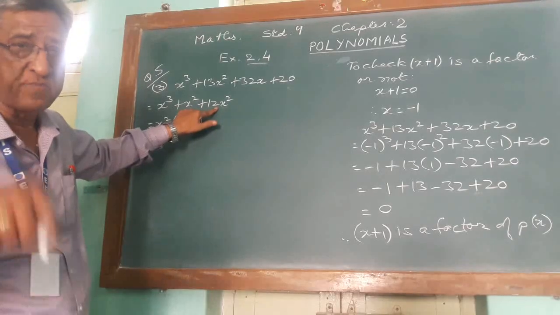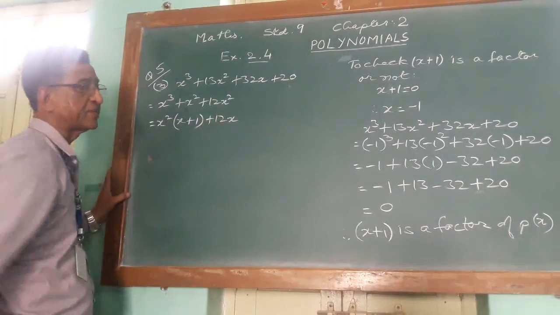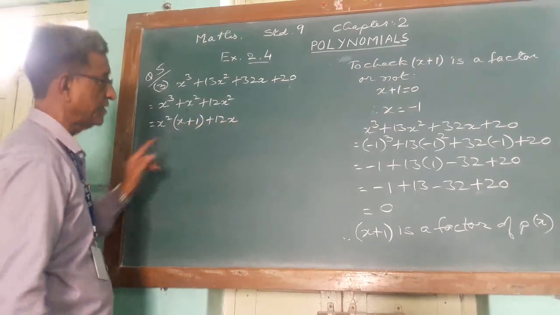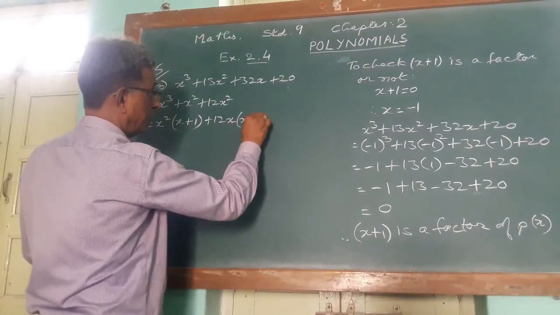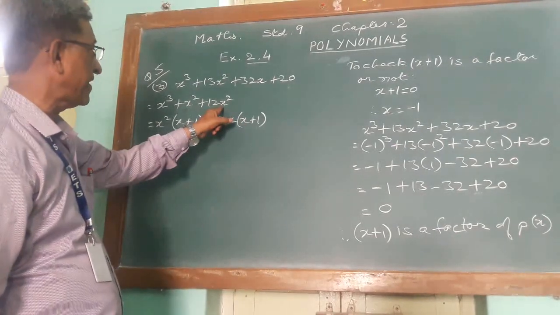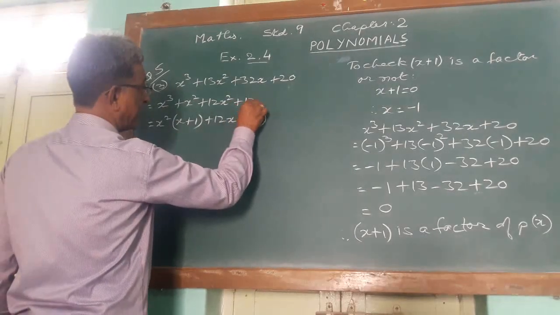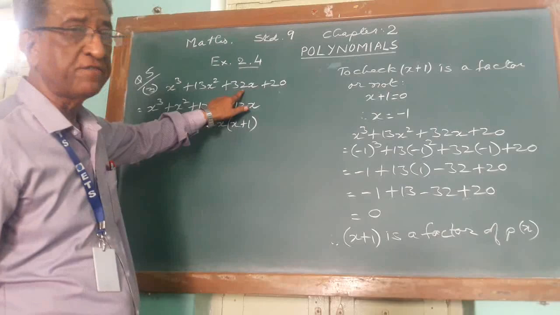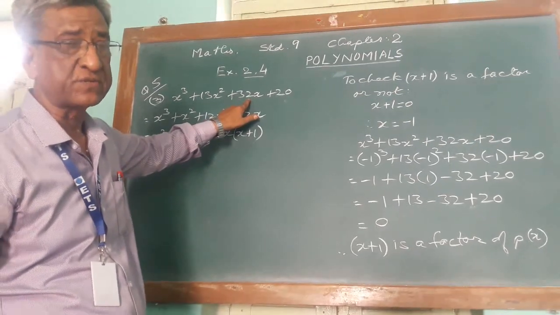Now bring down one power less, plus 12x. Instead of 12x square I have written 12x into bracket x plus 1. 12x into x, 12x square, 12x into 1, plus 12x. Now see the x term in the given polynomial, that is 32x.